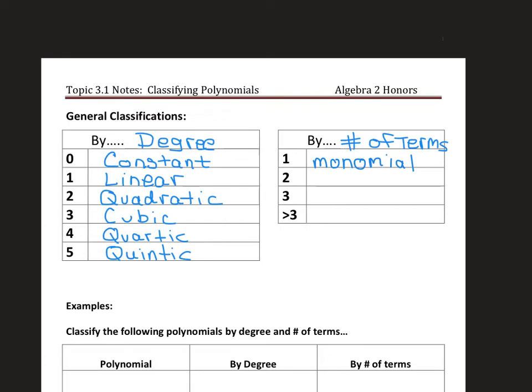If we have two terms in our polynomial, the root word for 2 is bi, so we would call that a binomial. The root word for 3 is tri, and so we would call a 3-term polynomial a trinomial. And for more than 3 terms, we just use the generic phrase polynomial, for many.